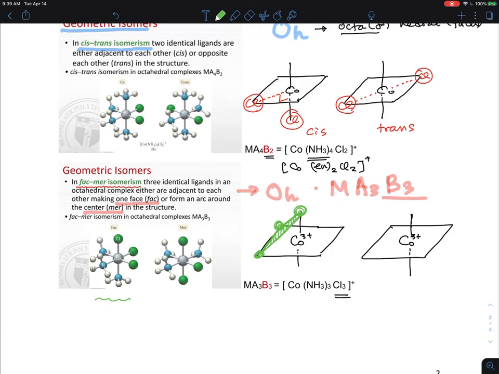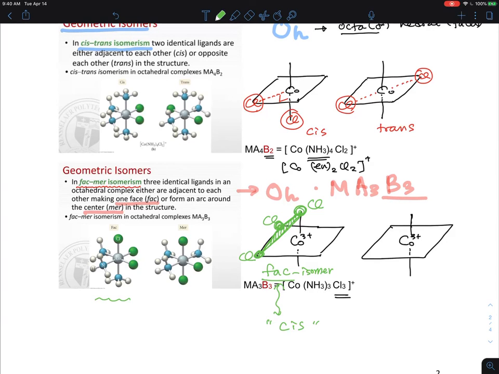This is where I just draw the chlorine. The rest of them is an amine, and that is essentially the FAC isomer. It's almost like a FAC is on the kind of same side, right? So it is a cousin of cis, quote unquote. Now we don't call it cis because there have to be 3, and they are forming the same side.